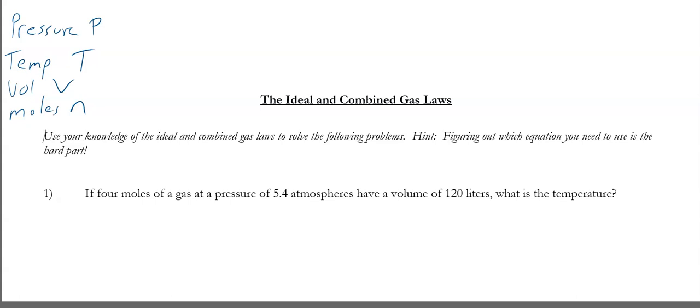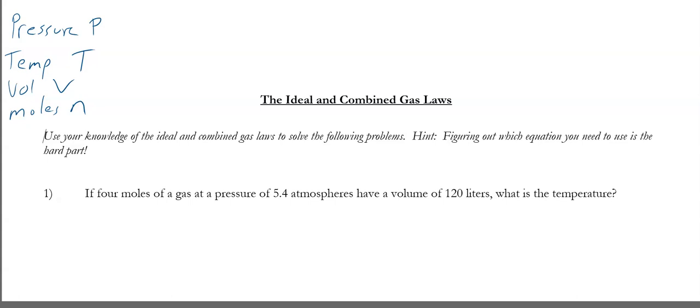So remember, the combined gas law is used whenever there's a change in the system. So maybe we have a certain amount of gas in a container and we heat that gas up and we want to know what the new pressure is. And that's when we use the combined gas law.